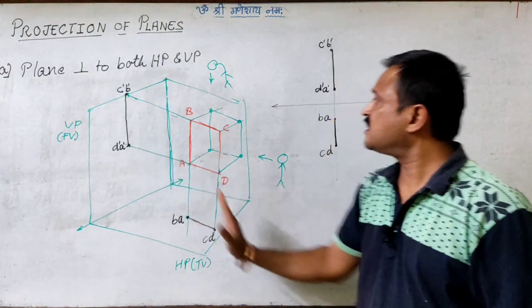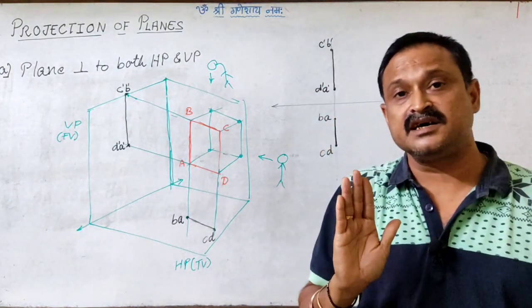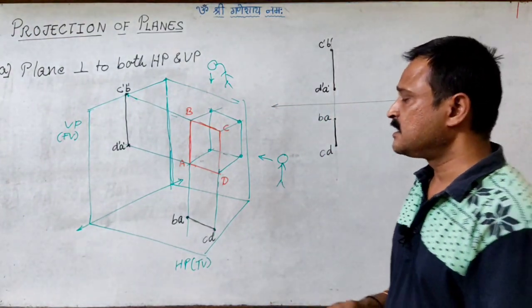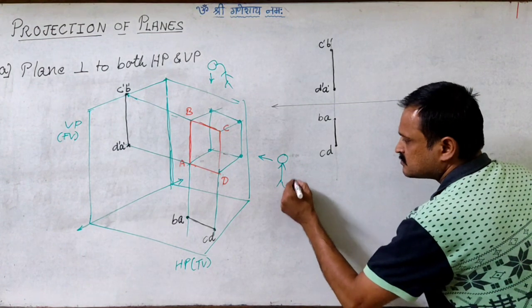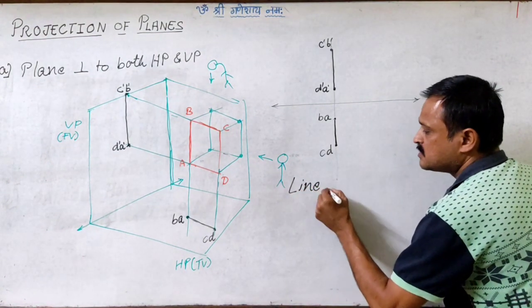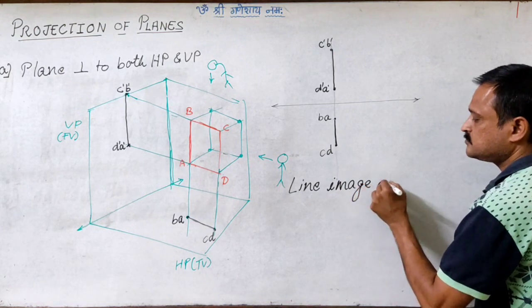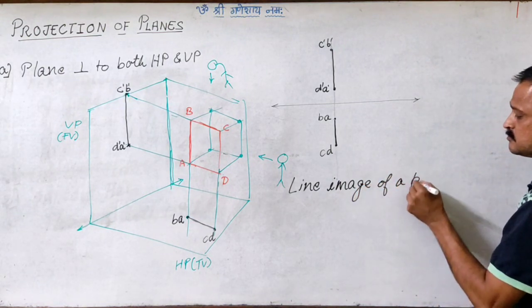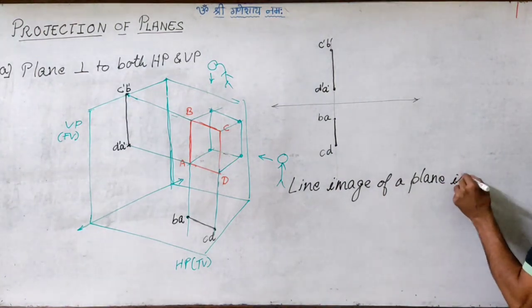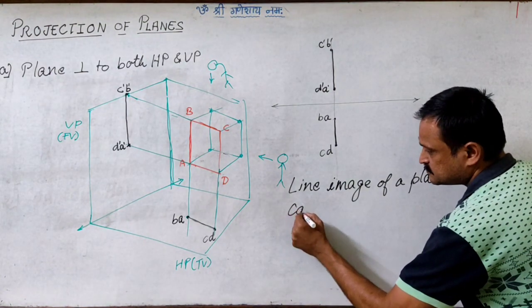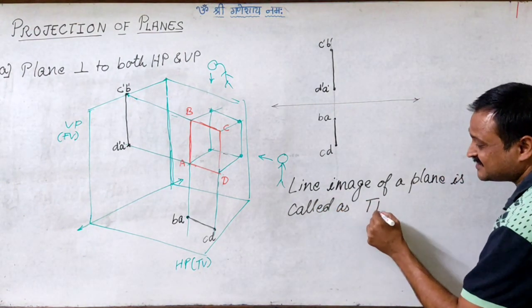So here we are able to see the image of the plane as a line image, right? And this line image of a plane is called the trace.